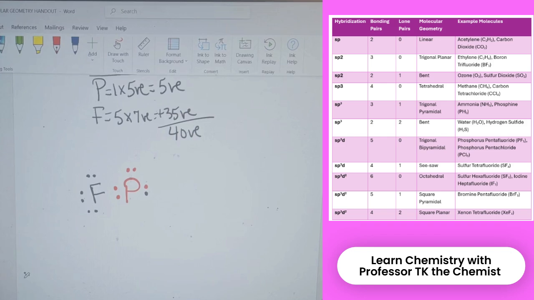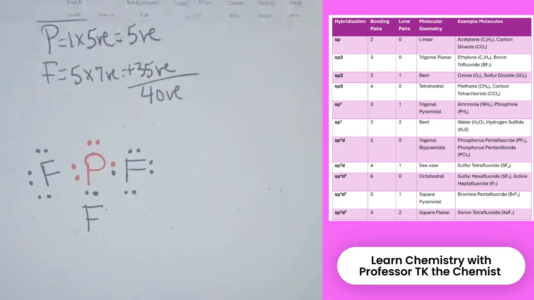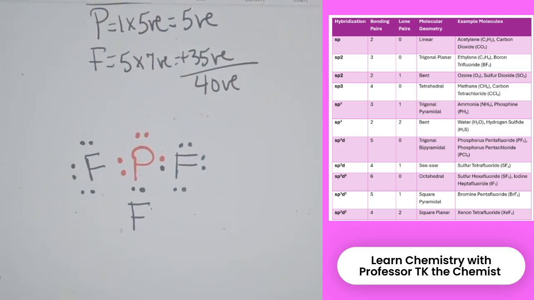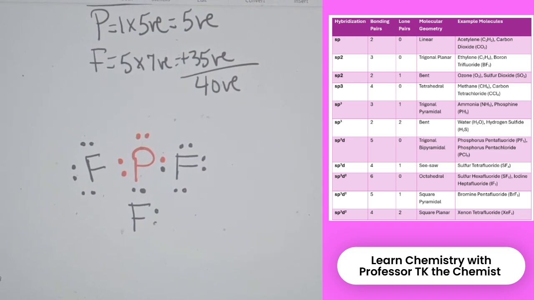Let me keep going. The other fluorine, 1, 2, 3, 4, 5, 6. The extra one, 7th one is going right there. The third one, 1. See, I just drew that one in. 2, 3, 4, 5, 6, 7. Man, we got 2 more to go.